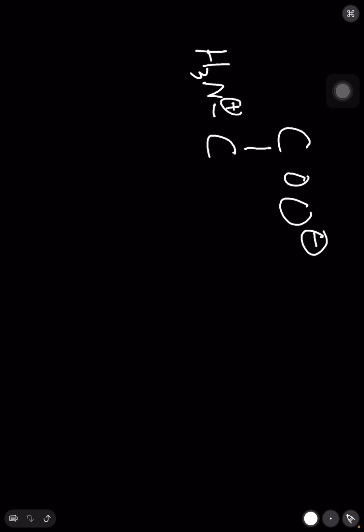I'm going to draw a sample, and first of all, I'll draw a general one. Let's say we had something like this. Okay, this is an example of an amino acid.